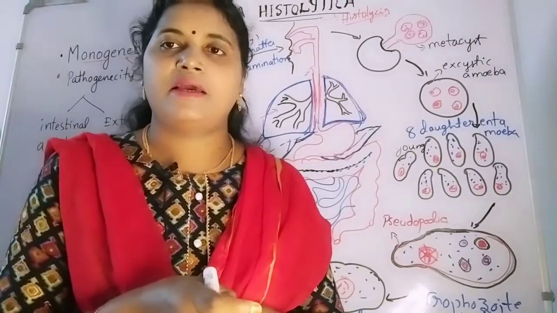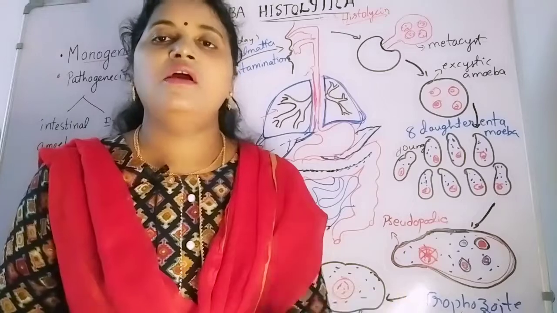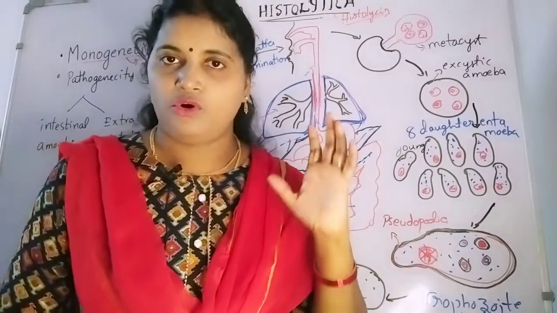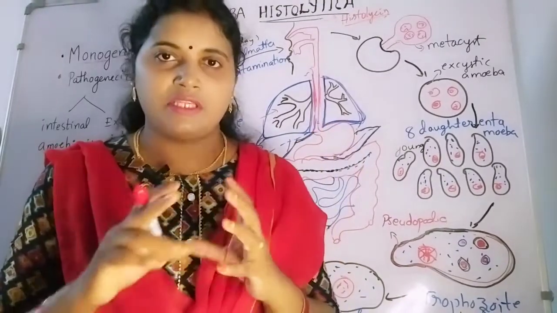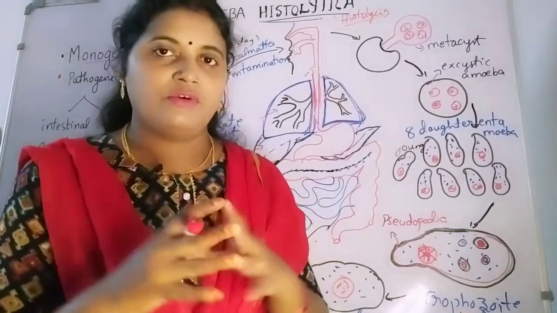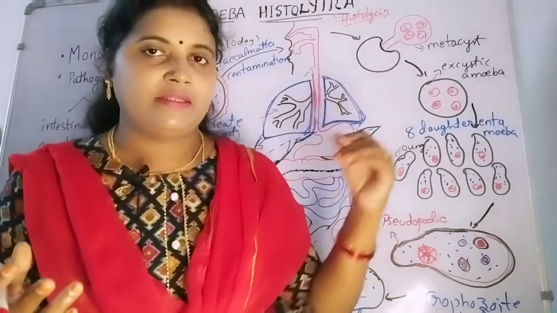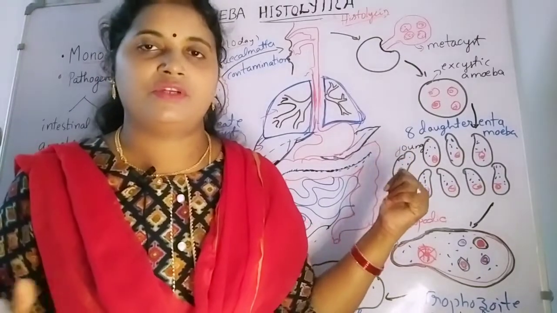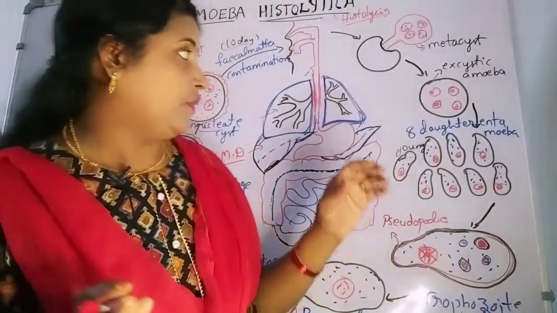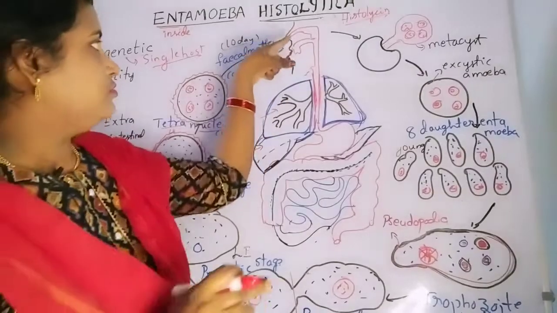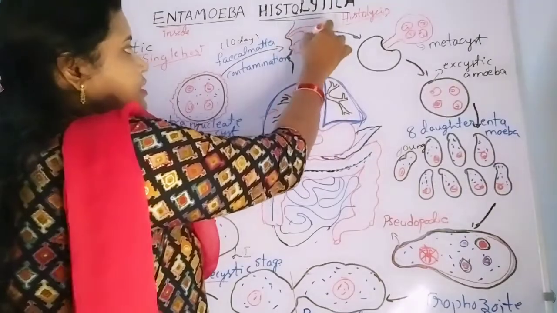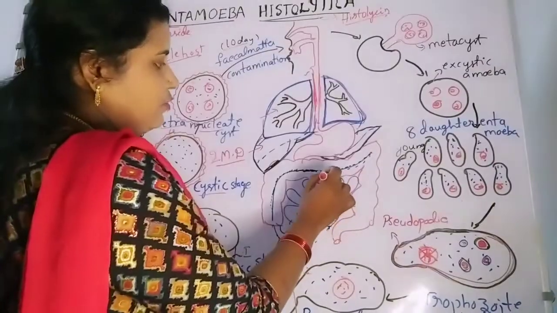The sources of infection are mainly contaminated food and water, so we need to take hygienic food and water. If we do not, we may get Entamoeba histolytica infection in the body. Now from the mouth it enters the small intestine.